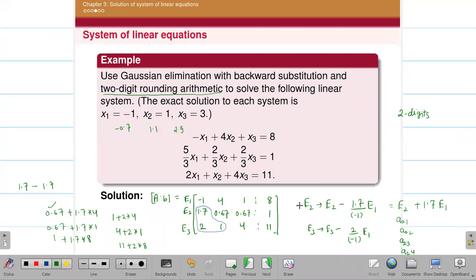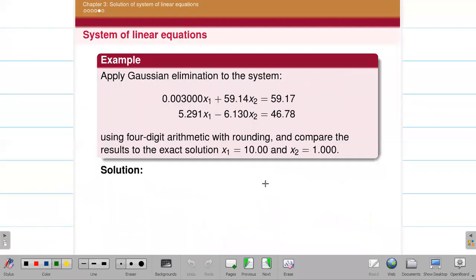Actually here we are using rounding arithmetic, so it is not always the case that you will get a good approximation. Sometimes you may get a worse approximation also. Let us look into one example here. We will apply Gauss elimination to this system, but here you will see our exact solution does not match our approximate solution.